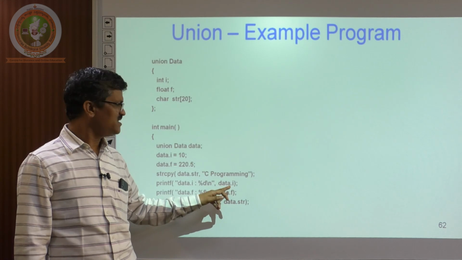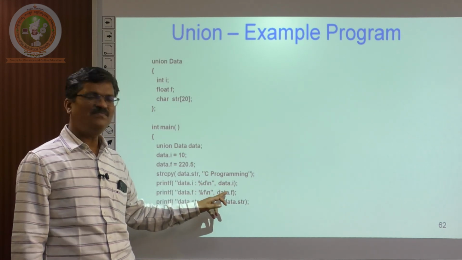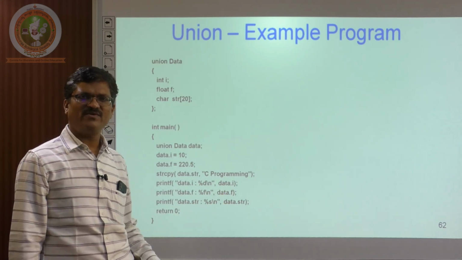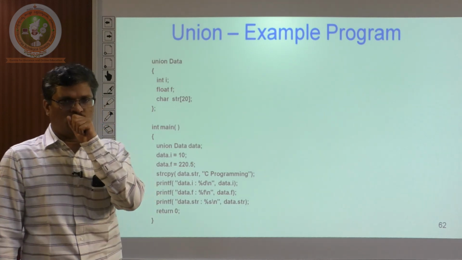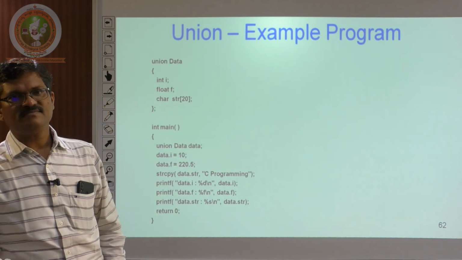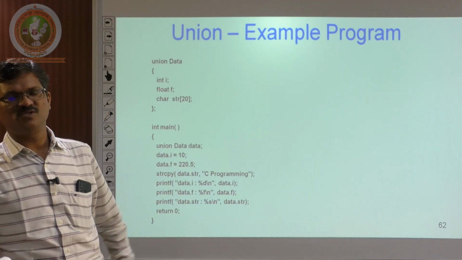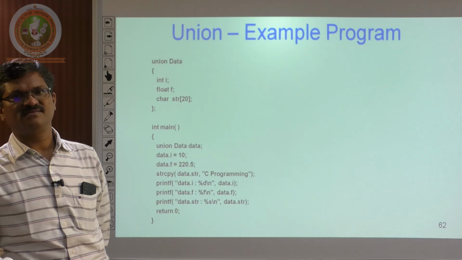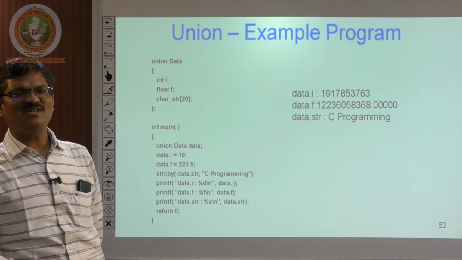We print here data.i, which is an integer value, data.f, which happens to be a float value, and then data.str, which happens to be a string of characters. So, this is the output.